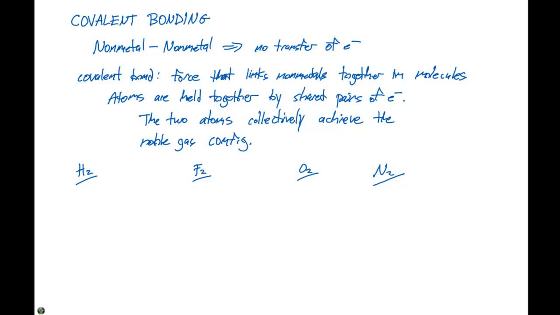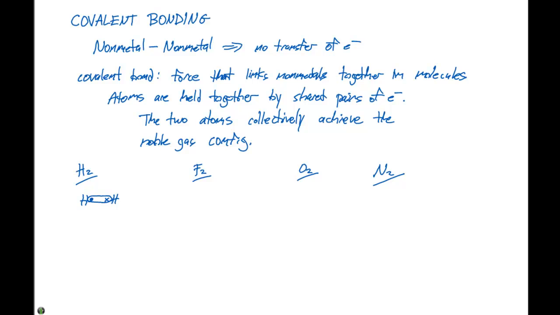So if we look at the hydrogen gas, we have 2 different hydrogens that need to form a bond together. And what they're going to do is have their orbitals overlap, so they share this pair of electrons right here.